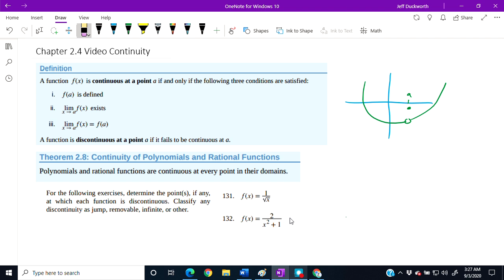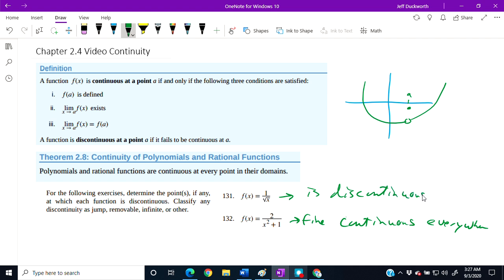This one's fine. This is continuous everywhere. This one, however, is discontinuous at x equals 0, because then we have a 0 in the denominator.